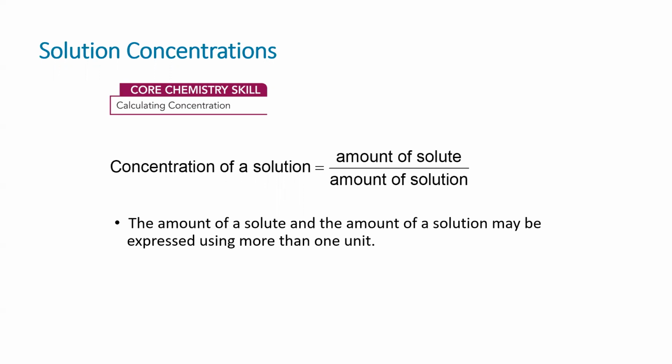The amount of solute and the amount of solution may be expressed in more than one unit. For example, amount could both be expressed in grams. We could talk about amount as a volume, like liters of solution. We could talk about moles, right? The moles of solute could be an amount. So there are various units that can be used.